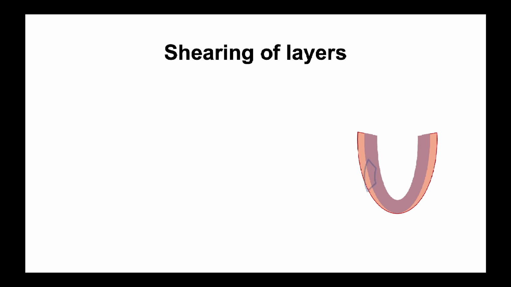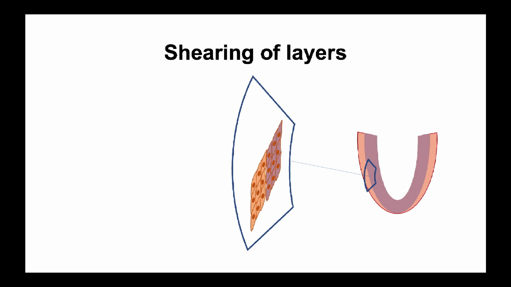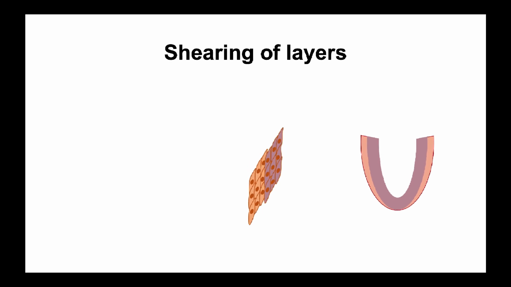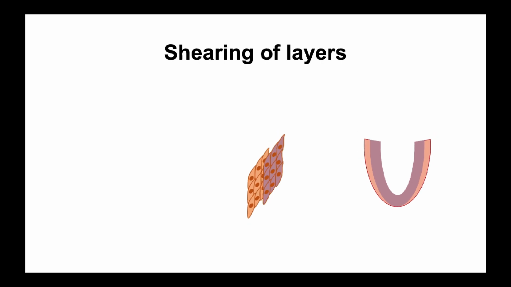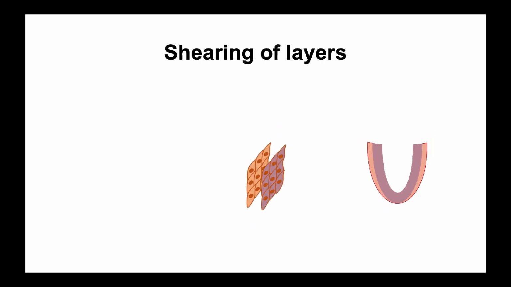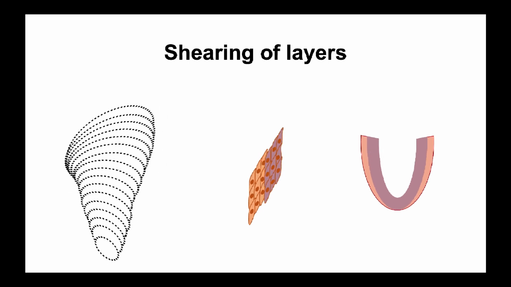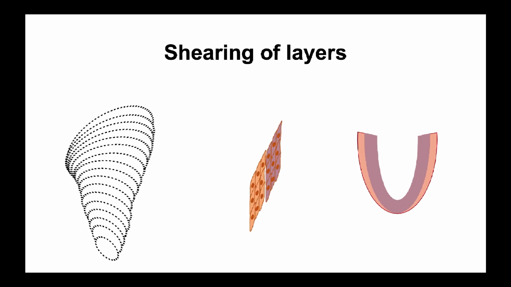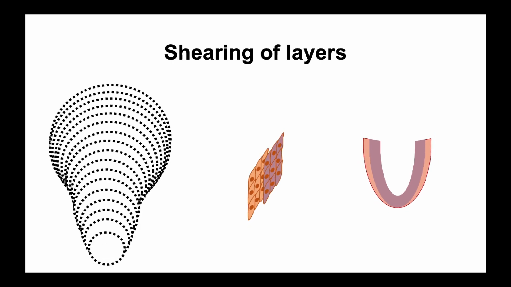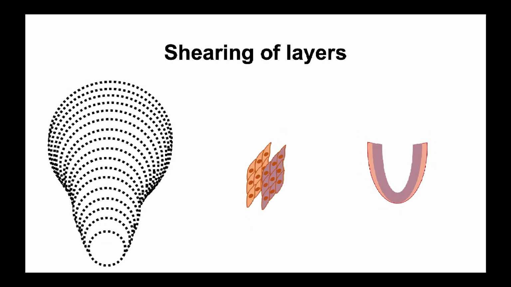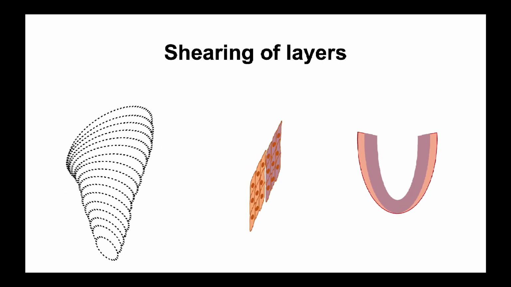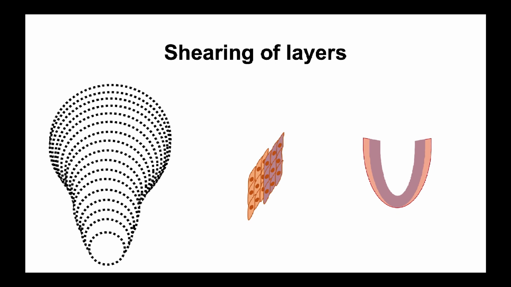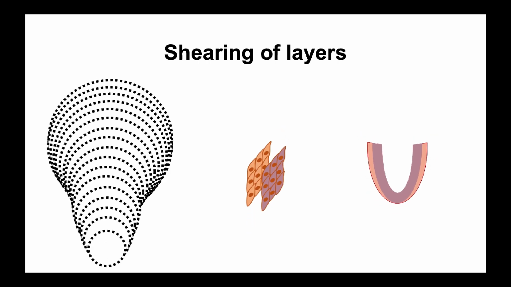At a microscopic level, when we look at the section of the myocardium, we will notice that as the myocardium contracts and deforms, the layers also slide over each other in response to shear stress. At a global level, when we look at the left ventricle as a whole, we will notice that because of the helical nature of LV fiber arrangements, the shear stress in addition to other forms of deformation will result in a progressive rotational behavior of LV parts at different speeds and directions, such that the base and the apex will rotate in opposite directions.